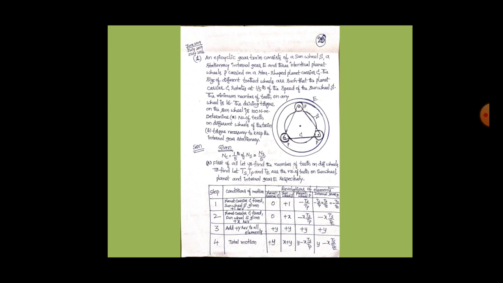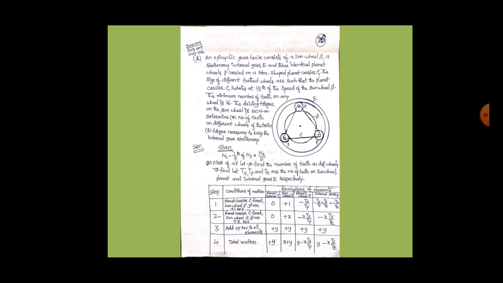Therefore, again minus. I wrote in the internal gear E, minus now. So Ts by Tp previous into now Tp by Te. Therefore, Tp gets cancelled. I will get minus Ts by Te. So like that, I should complete the first row of the table. Then go to the second step.